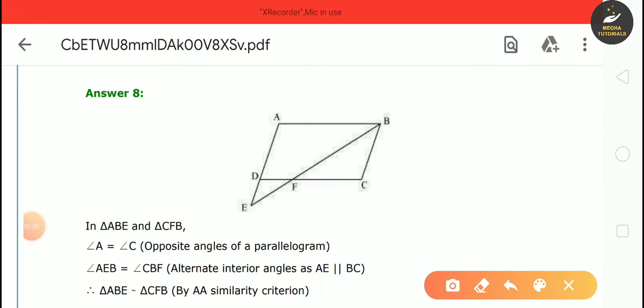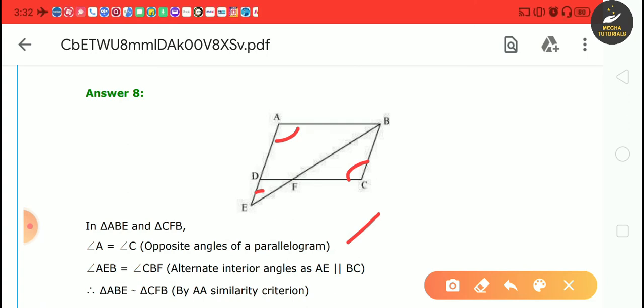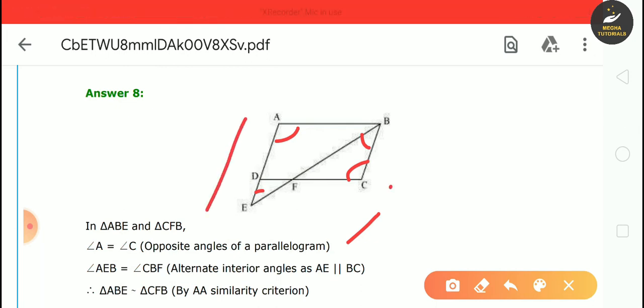In triangle ABE and triangle CFB, angle A is equal to angle C, opposite angles of parallelogram. Angle AEB and angle CBF, these two are alternate angles because AE is parallel with BC, sides of parallelogram. Therefore, by AA similarity test, you can say that triangle ABE is similar to triangle CFB.